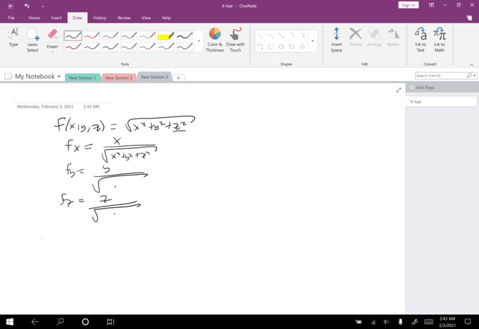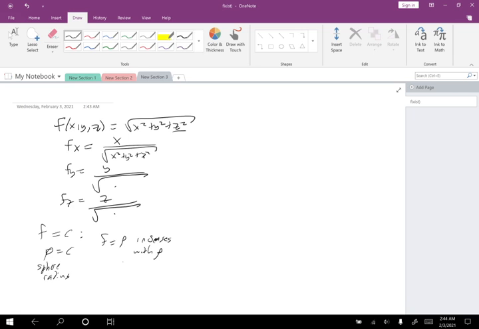Well, I could try a bunch of points and just see where the directions are. Or what I could do is just look at the level curves. So f equals c. This is just our rho equals c. So now rho is, of course, the sphere radius. I also know that f equals rho increases with rho.